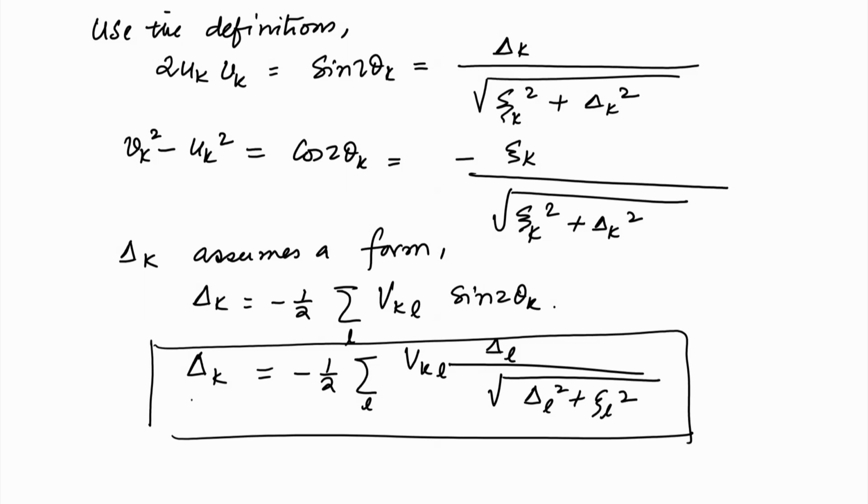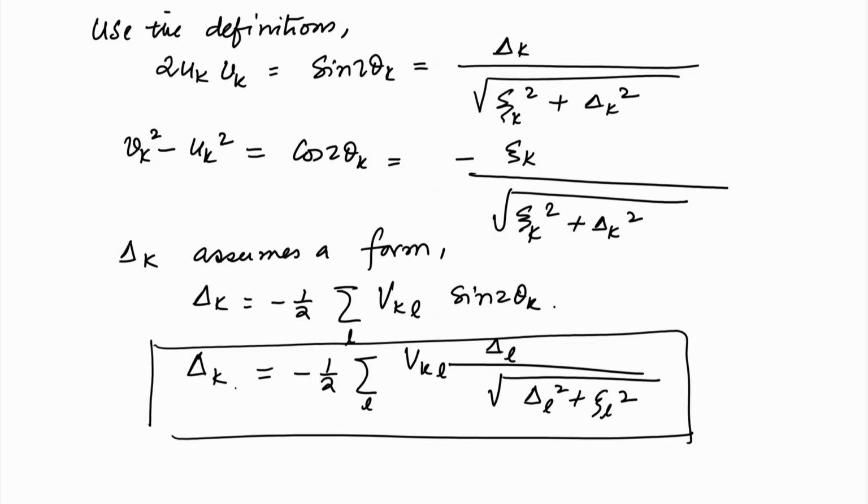Now, you see delta is there on both the sides of the equation. Here it is just a standalone delta k, and here it is sum over L delta L, where k is not equal to L. So, for a given momentum value L, delta L is a value, and delta k has to be computed by summing over all those delta L. But since we are solving for delta L, we do not know what it is.